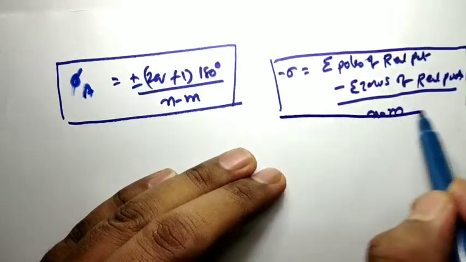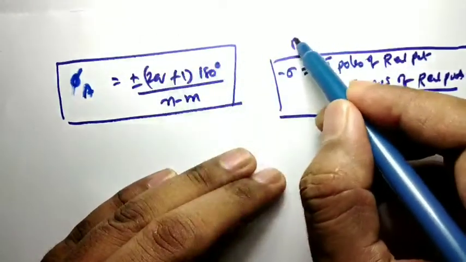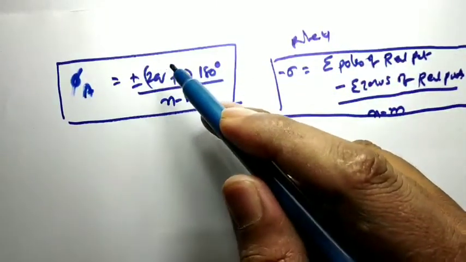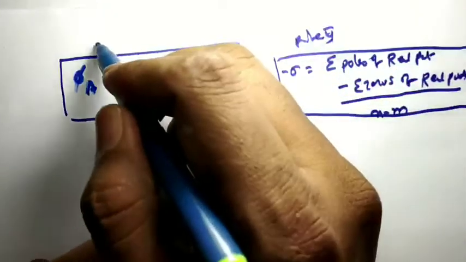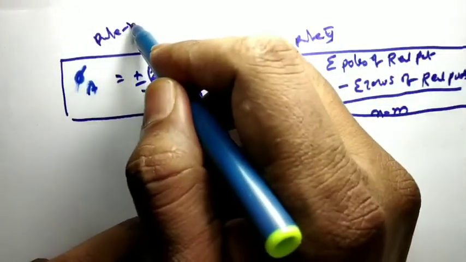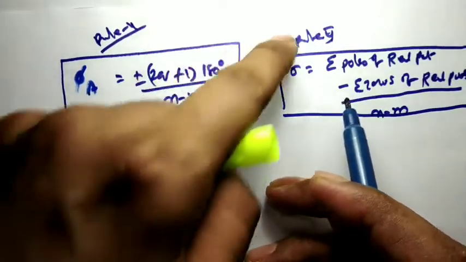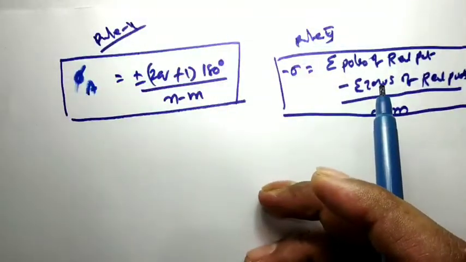So this is rule 3 and this is rule 4. This is rule 5 and this is rule 4. From rule 4 we are going to find the asymptotes, and from rule 5 we are going to find the centroid.